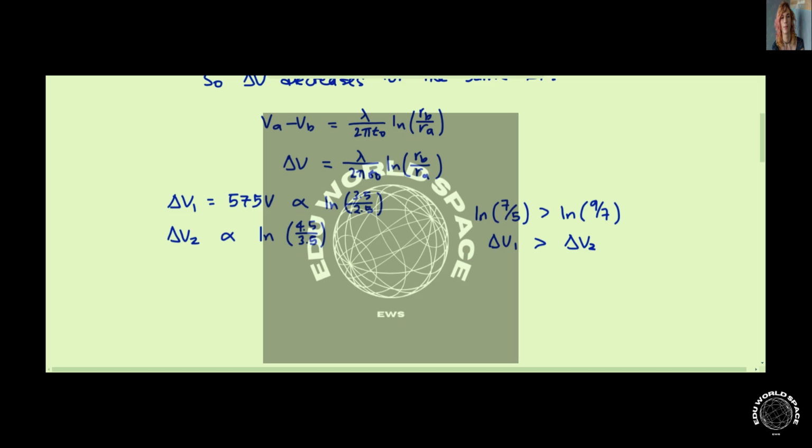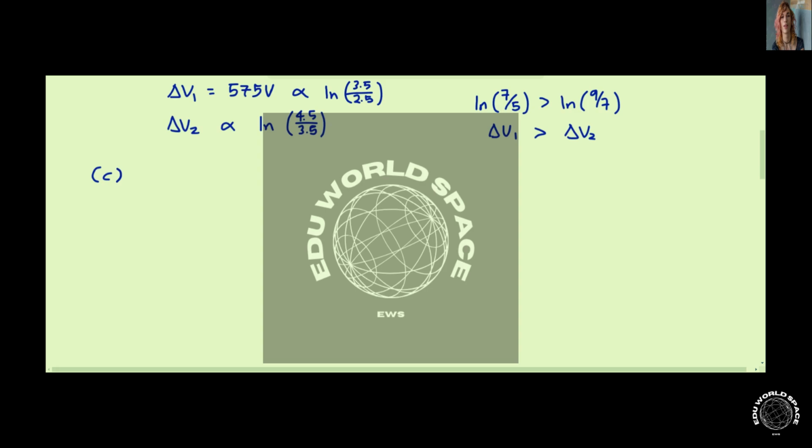Now we move on to part C. Part C is this situation: you have this wire with lambda, and you put two probes at the same distance away from the wire, just that they are 17 cm apart, and then you take the potential difference.